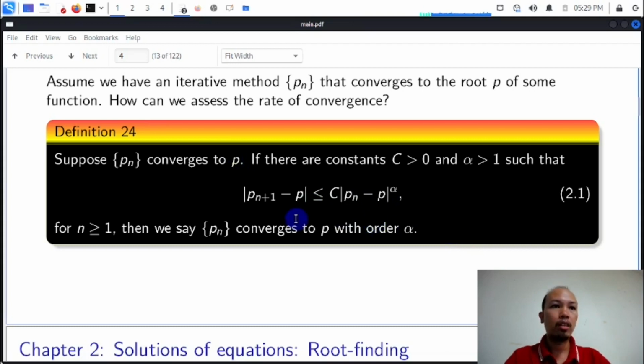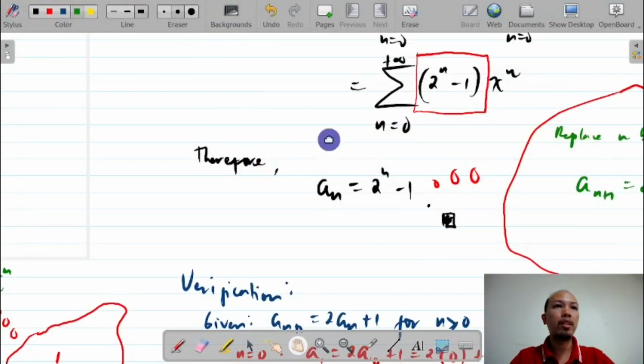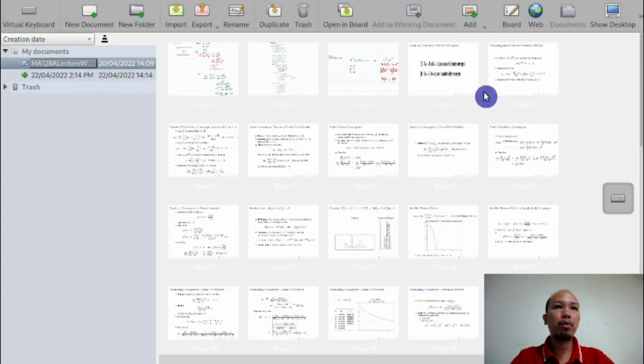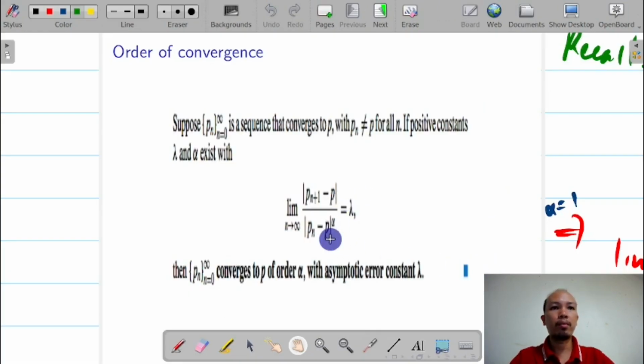If you remember the other variation, let's open our open board, and let's open this document here before. I guess this one here. I don't know what happened, but this one here. Let's open this one first.